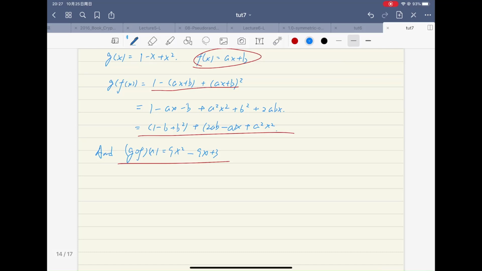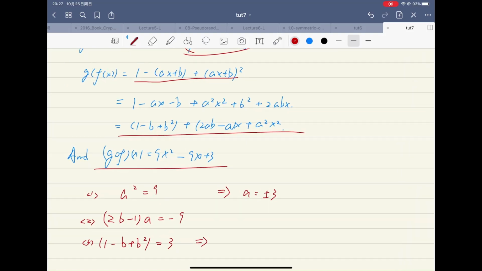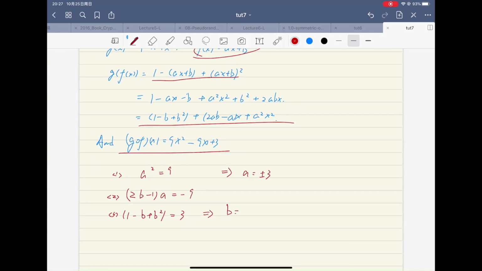We have a squared equals 9, and (2b minus 1)a equals negative 9, and 1 minus b plus b squared equals 3. The first equation here implies a equals positive or negative 3. And the third equation here implies b equals negative 1 or b equals 2.